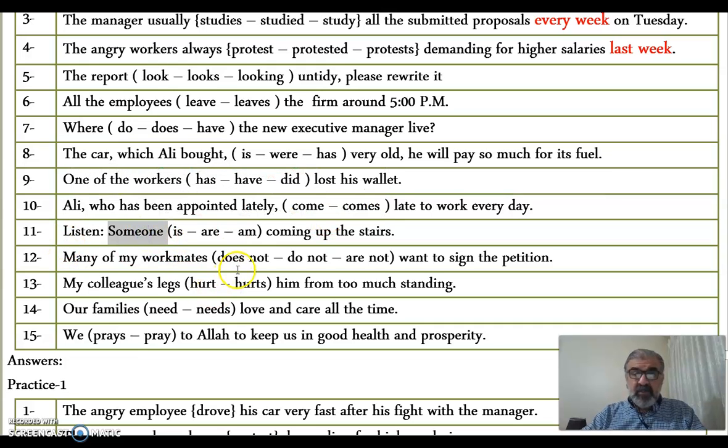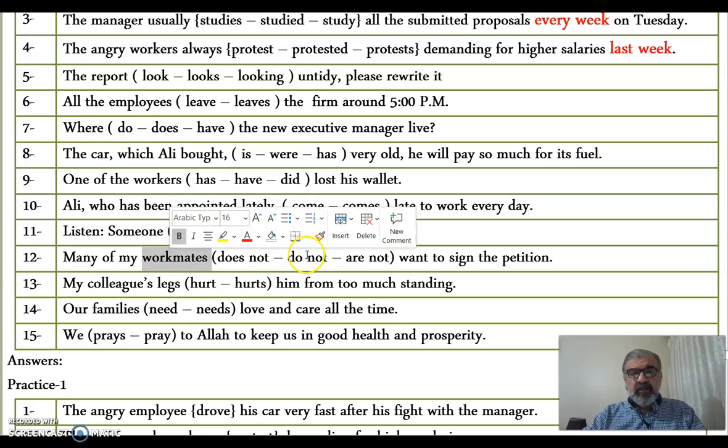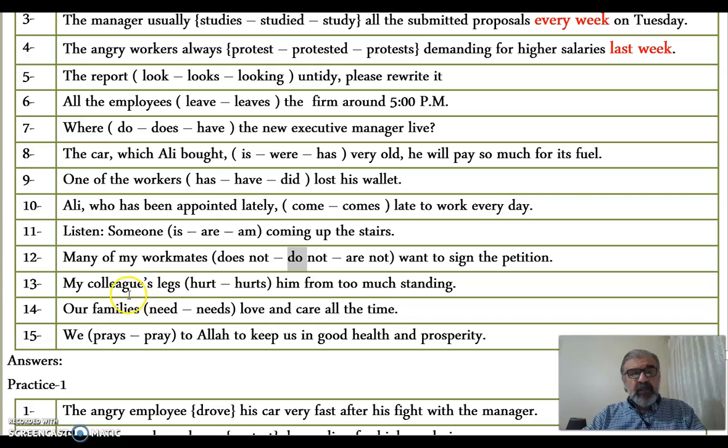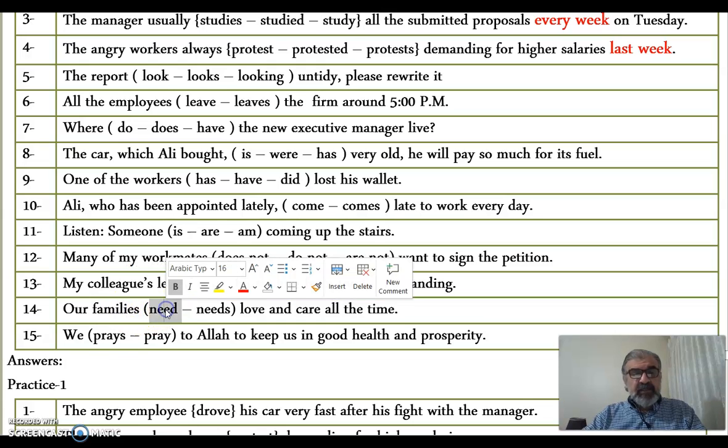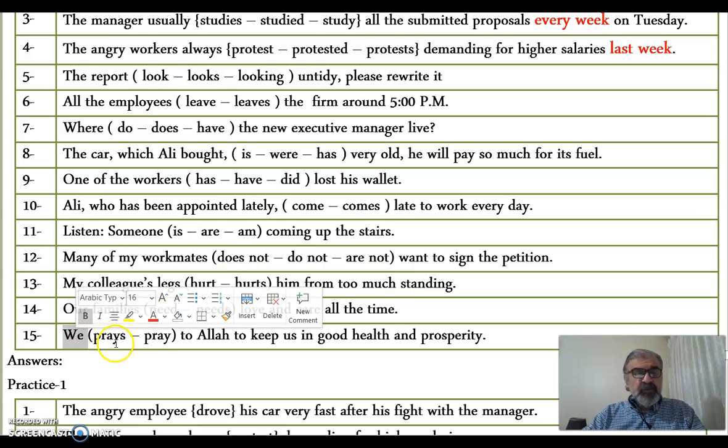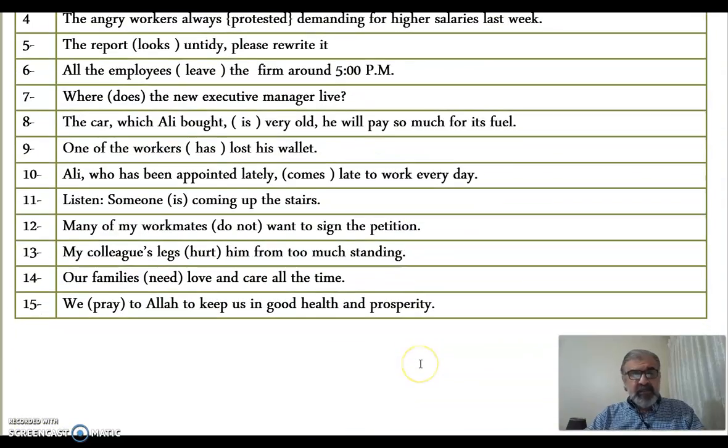Someone, singular, is. Workmates, plural, don't. Legs, plural, hurt. Families, plural, need. And we is also plural, pray. And these are the answers.